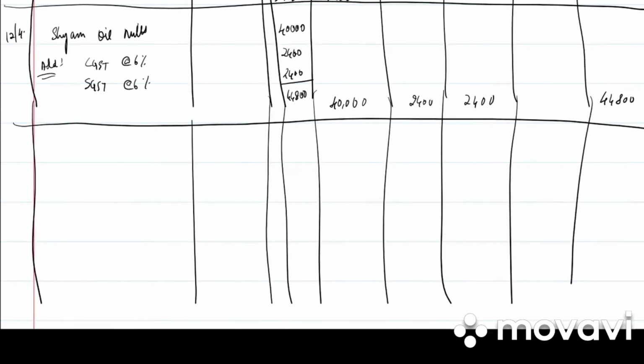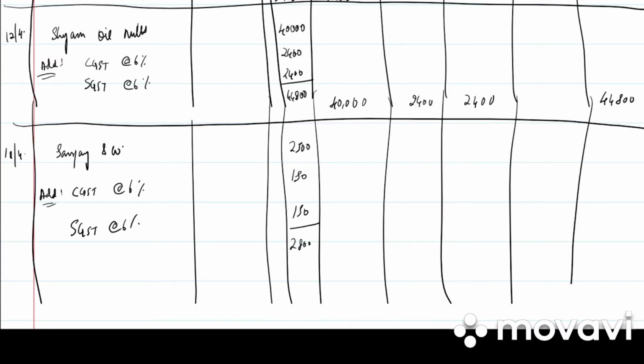Then on 18th April we have Sanjay and Co. Amount is 2,500. CGST at 6%, SGST at 6%, 150 plus 150, total we get 2,800.